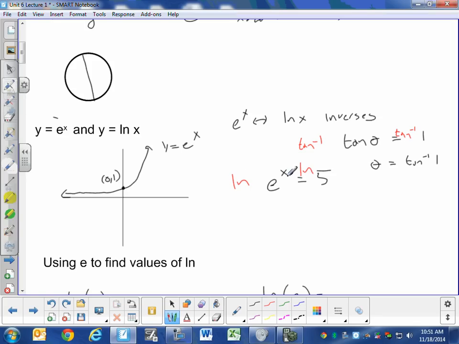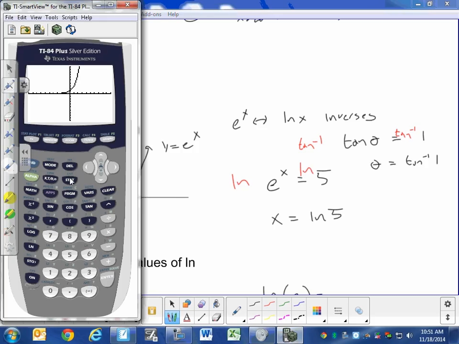Natural log and e undo each other, leaving us with x is equal to log of 5. What's great is that in my calculator I can type in the log of 5, and I can take e to that power, and I figure out that e to that power is 5.